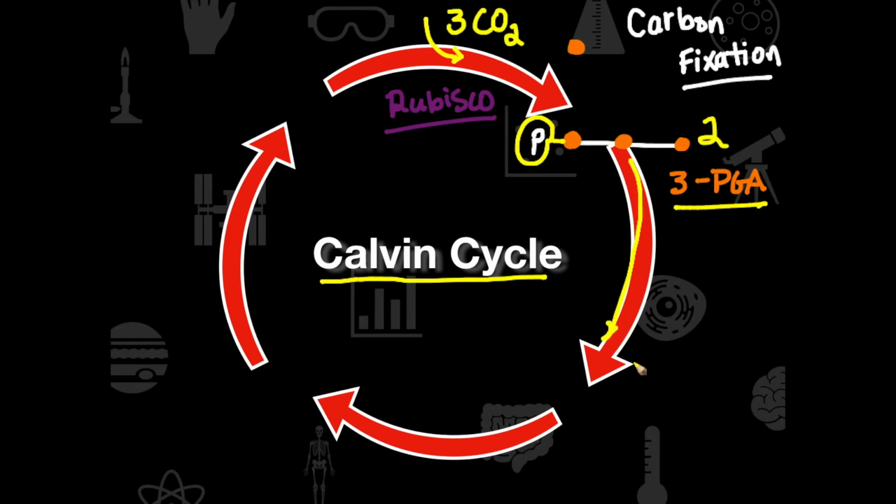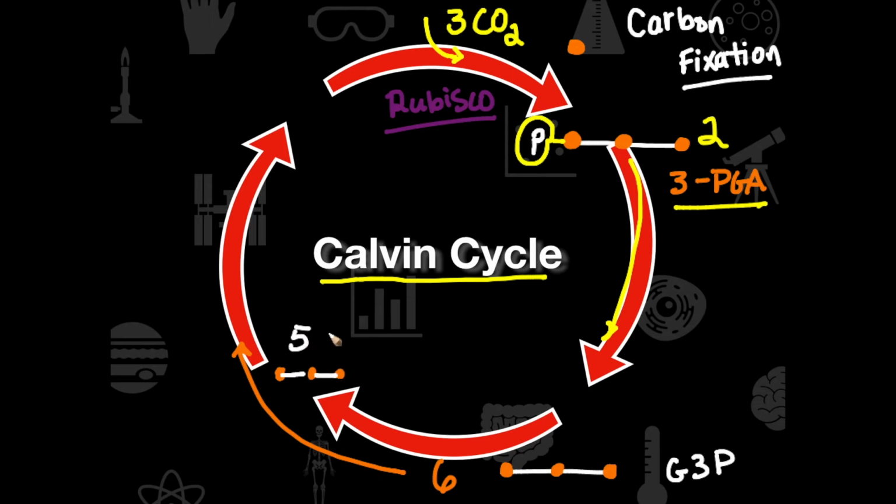And what they're going to turn into is this G3P molecule. We're actually going to go through and produce 6 of these total. So there's going to be 6 of these G3P molecules. And 5 of the 6 G3Ps, so we're going to have our 1, 2, 3.